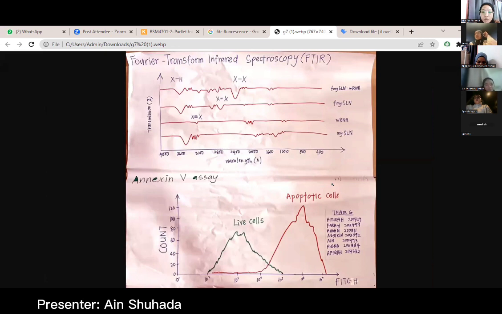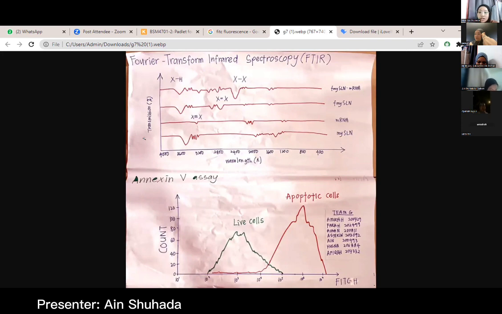These both represent the hydroxyl group and the C double bond O group. For mRNA, we can see a triple bond in the 2000 wavelength, and 3,600 to 3,200 is for the hydroxyl group.